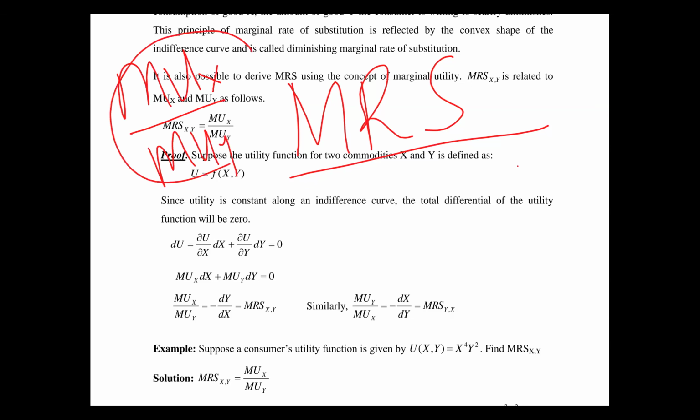If you divided them like that, what you have is the marginal rate of substitution of x and y. You get it, right?